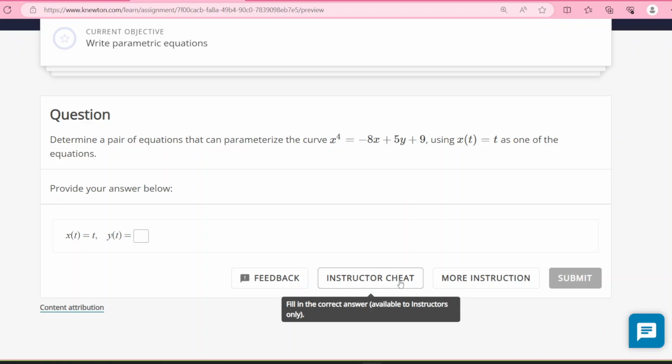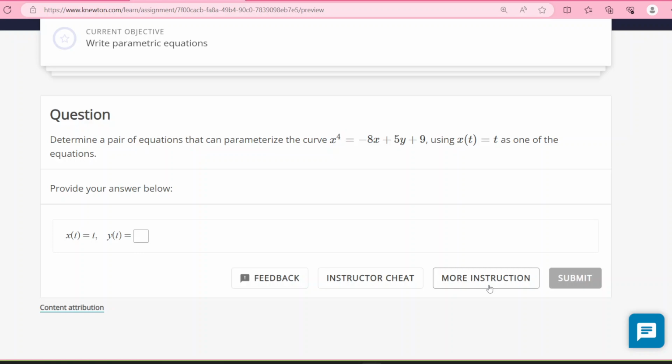You will not have this instructor cheat button, right? This is for instructors only. You will have a more instruction button though. All right, if you're struggling with a topic or a particular question, click on this more instruction and you'll be taken to another page with further reading to do or videos to watch or both.